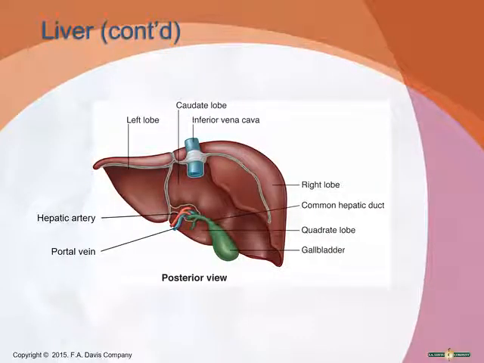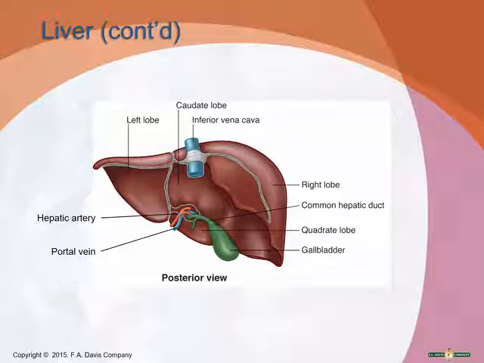The lobes of the liver that are seen from the posterior view, or from behind, are the caudate lobe and the quadrate lobe. The portal vein carries oxygen-poor but nutrient-rich blood from the digestive organs and the spleen to the liver. The hepatic artery delivers oxygenated blood from the aorta to the liver, because remember, arteries go away from the heart.